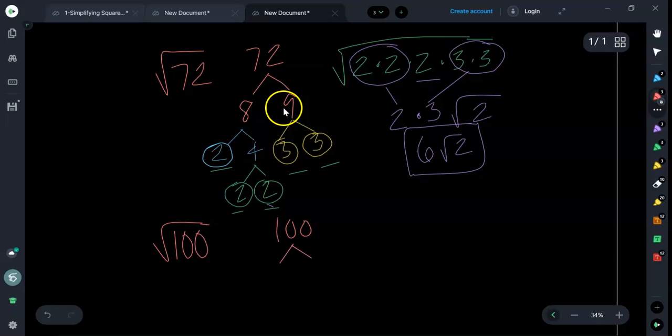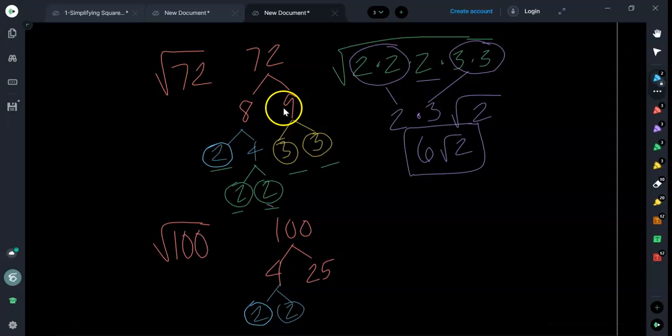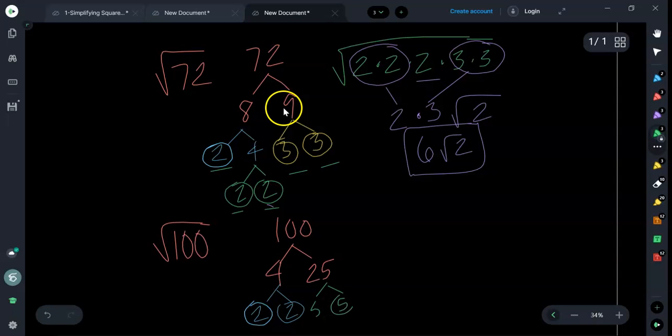I'm going to factor 100 as 4 times 25. Neither of those is prime, so I'm going to factor 4 as 2 times 2. That's done. I can't factor anymore, and I'm going to factor 25 as 5 times 5. So now I'm ready to write the square root of 100 as the square root of 2 times 2 times 5 times 5.